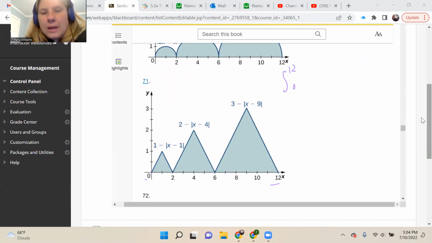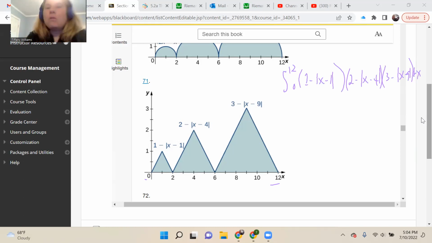So it would be 1 minus the absolute value of x minus 1, times 2 minus the absolute value of x minus 4, times 3 minus the absolute value of x minus 9. And that would be a dx. So that's the definite integral that I'm taking.